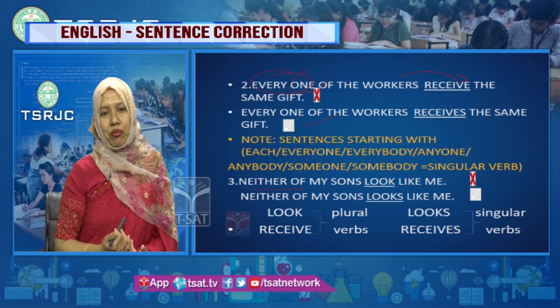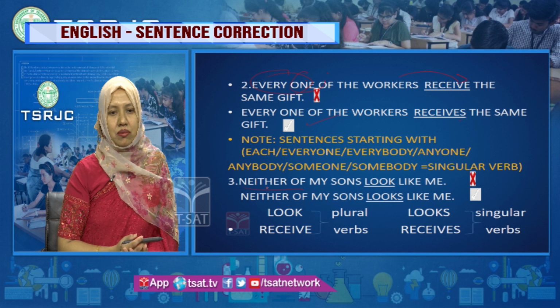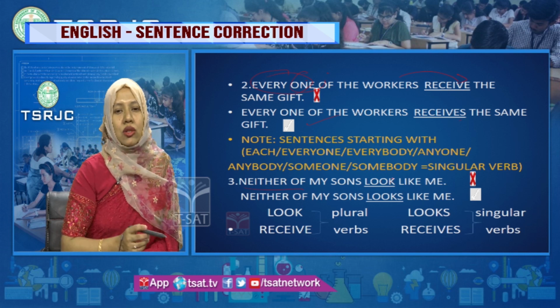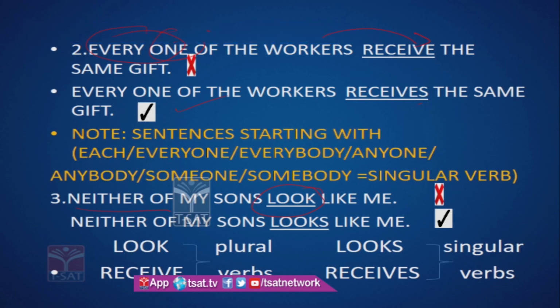My sons look like me is wrong. We are talking about neither he nor the other one. The verb look, plural, is wrong. It should be, neither of my sons looks like me. Looks is a singular verb. Look is a plural verb.